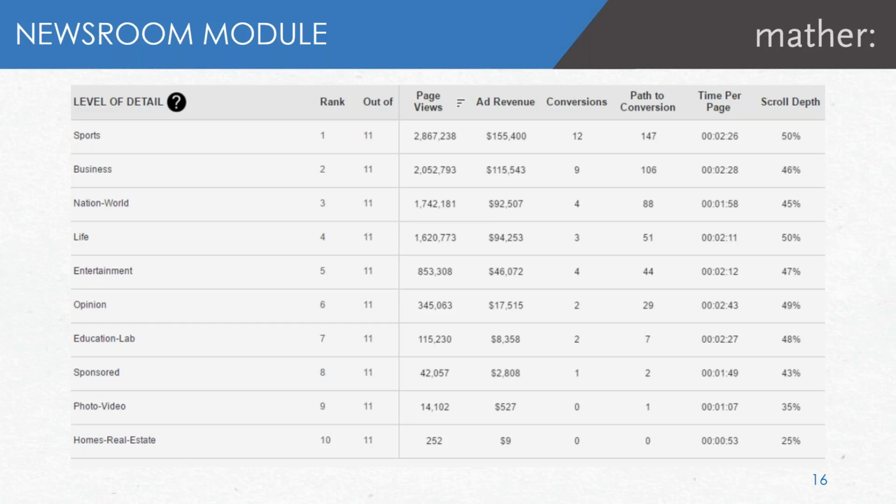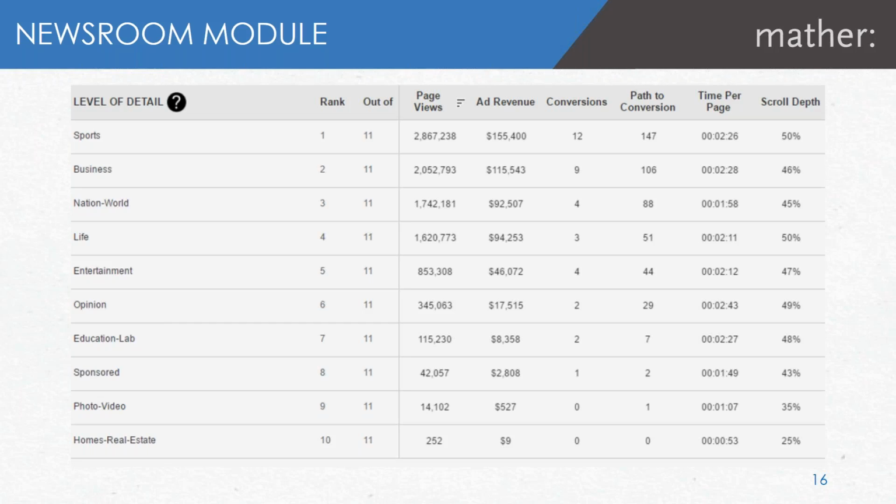We can also show you that they generated 12 new starts directly, and that sports content was read 147 times prior to people converting. So essentially we're bringing together the newsroom with the value and ROI from an audience and from an advertising perspective.